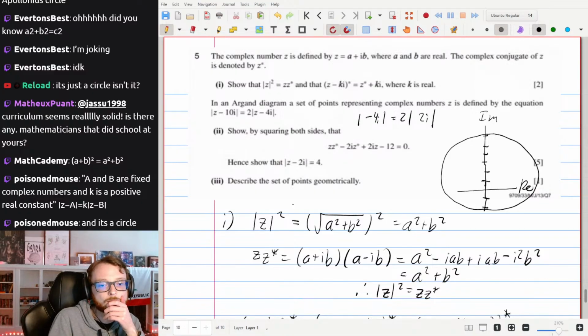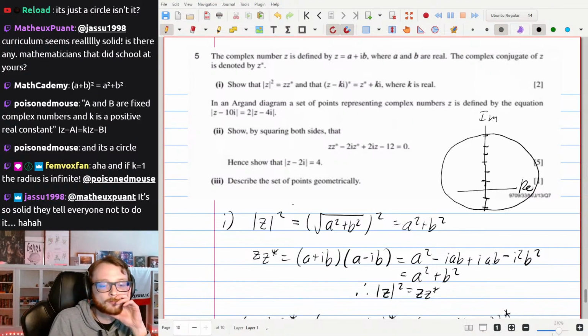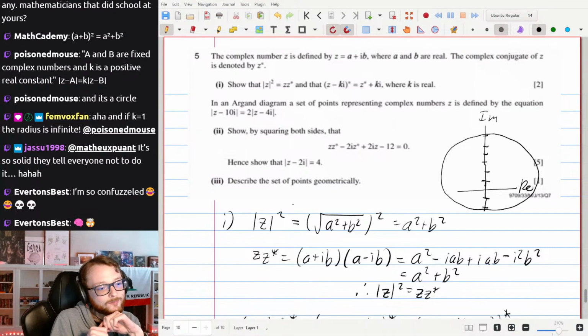That seems true. Maybe these are the same. A and B are fixed complex numbers, k is a positive real constant. Oh, this has a name?